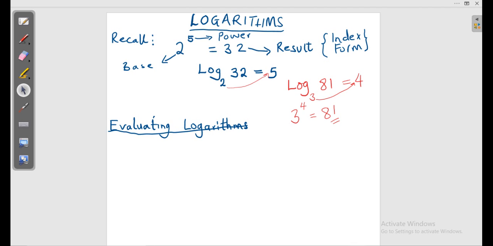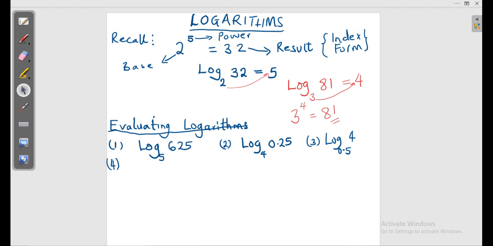Now, if you're told to evaluate this: log 625 base 5, log 0.25 base 4, log 4 base 0.5, log a raised to power 5 base a. Now I want to evaluate this.